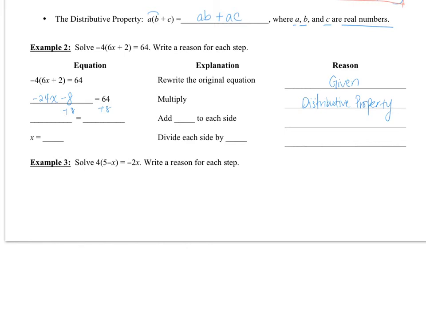So that will give you negative 24x equal to 72. Add 8 to both sides. Now we're using the addition property. And then we solve. x equals negative 3. You're dividing both sides by negative 24. And that will be the division property.